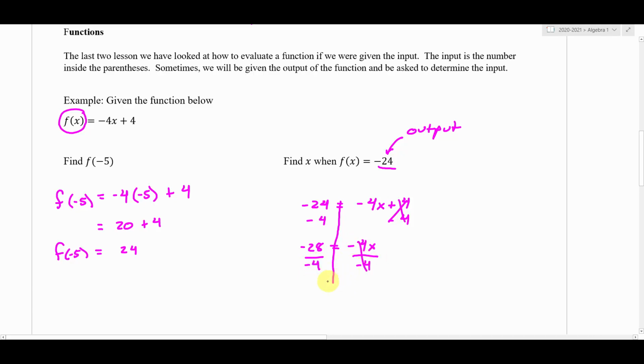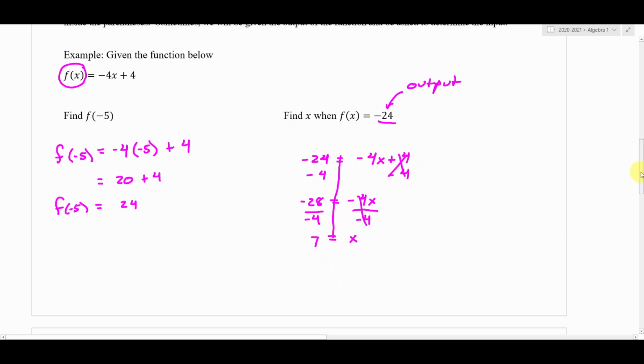The -4's cancel, and we've got x all by itself, and then -28 divided by -4 is a positive 7. A negative divided by a negative is a positive. 28 divided by 4 is 7. So if I were to take a 7 and plug it in for x, I would get this -24 for an output.